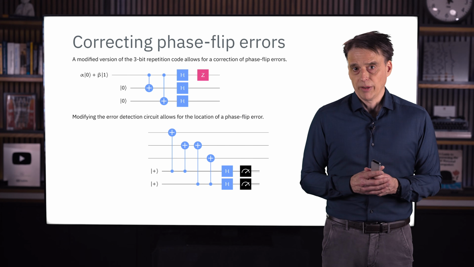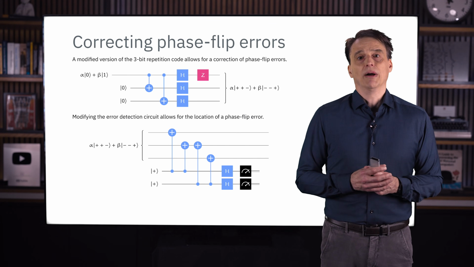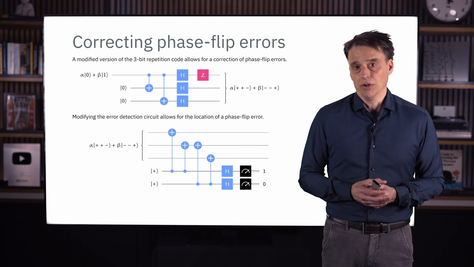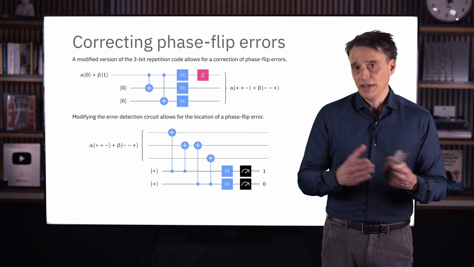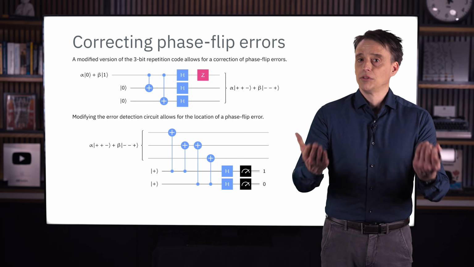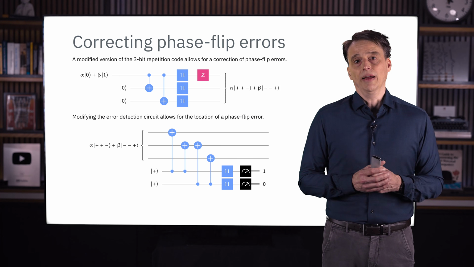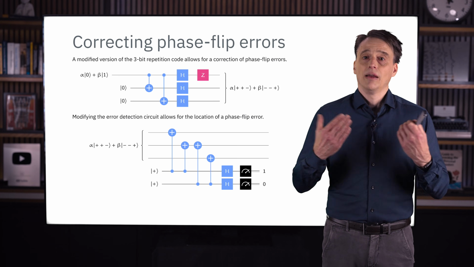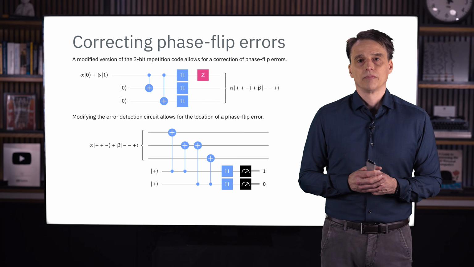And if we do have a phase flip error on the top qubit, let's say, then the rightmost pluses and minuses flip, and that results in a different error syndrome, 01 in this case. That identifies the location of the phase flip, just like we had for bit flips, and we can then correct it by applying a Z-gate to the top qubit. And the situation is similar for phase flip errors on either of the other 2 qubits.